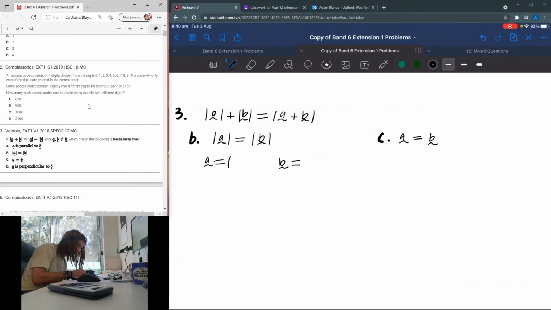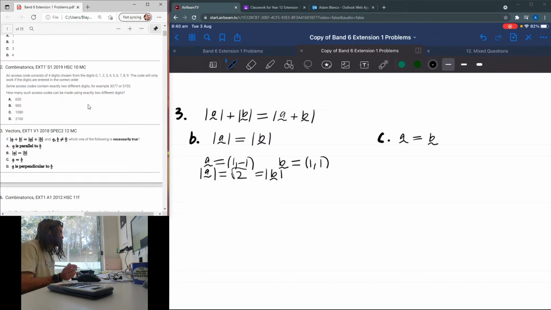So like I could just write 1, 1 and minus 1, 1. Now they're not the same vector, but they have the same modulus. Their modulus being, I'm sure we could easily work out, root 2, which also equals B is 1. Okay, but they're not the same.